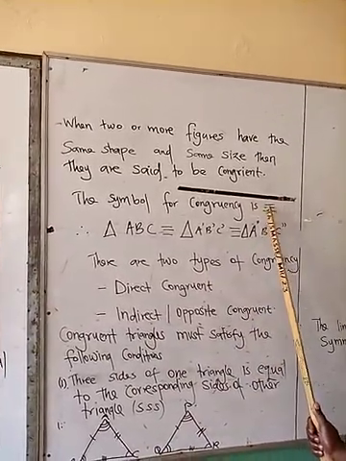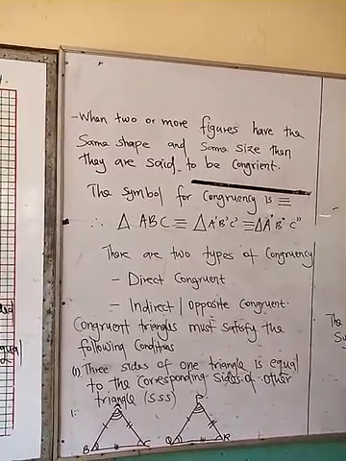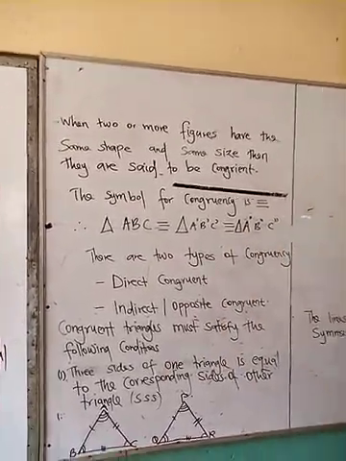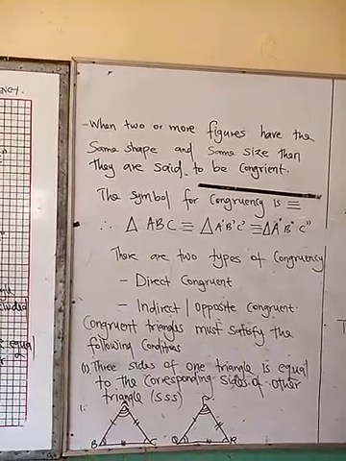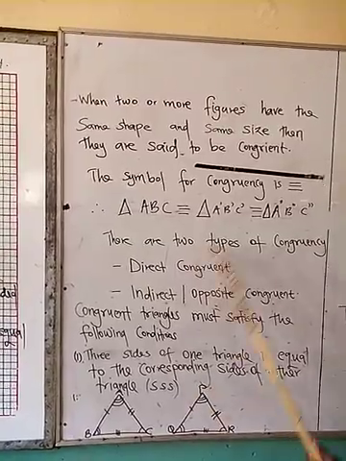The symbol for congruency is three lines. We know in mathematics we normally use the equal sign, which is two lines. But for congruency we add a third one. That is now the symbol for congruency.